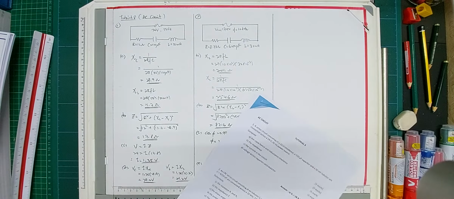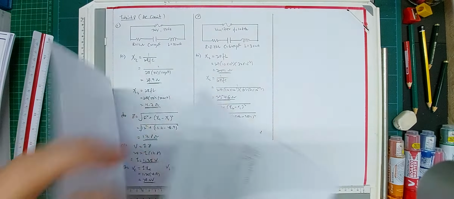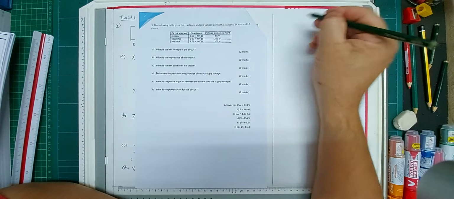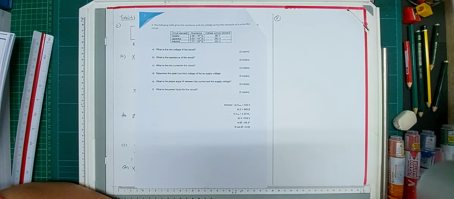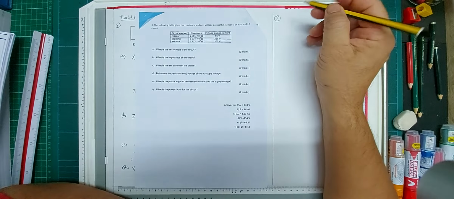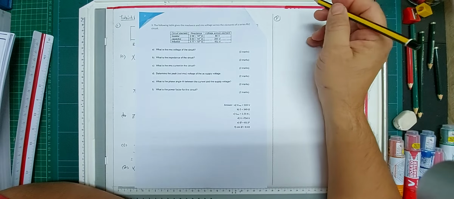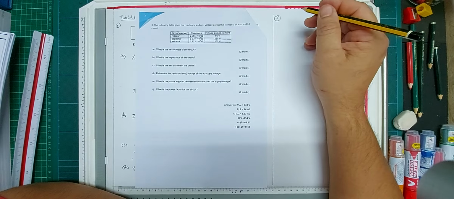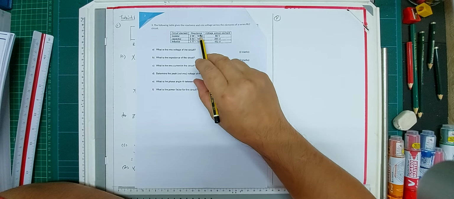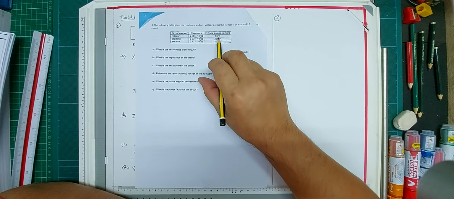It repeats over and over again the same type of thing they ask you, right? Okay, next one, question 3. Question 3 is: the following table gives the reactance and the root mean square voltage across the elements of a series RLC. Resistor, this one, the voltage 86. Capacitor, this one. So what is the root mean square voltage of the circuit?